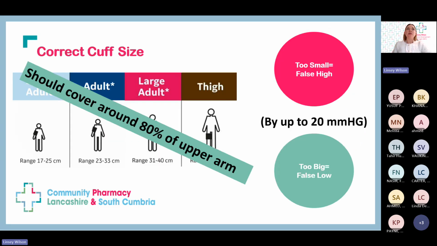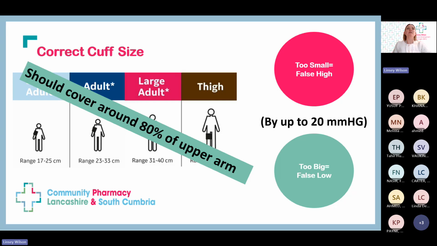So it's really important to get the correct cuff size. Naturally, I'm not expecting anybody to be getting a tape measure out and measuring their patient's arms. However, if you need to do that at first to get used to what the correct cuff size looks like, then absolutely do that. For a small adult, especially your older ladies and things that might be a little bit frail, we're looking at 17 to 25 centimetres.